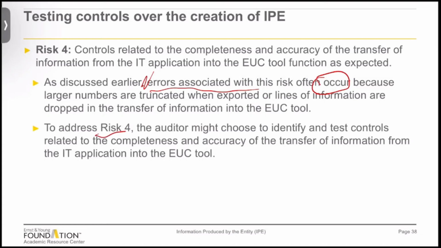To address risk 4, the auditor might choose to identify and test controls related to the completeness and accuracy of the transfer of information from the IT application into the EUC tool. So we are going to be testing what we call interfacing controls or interface application controls.